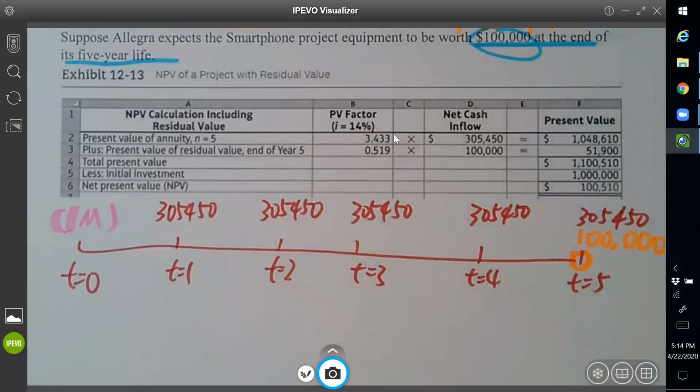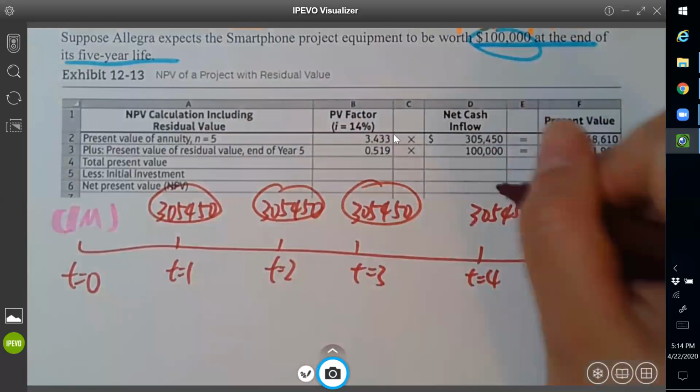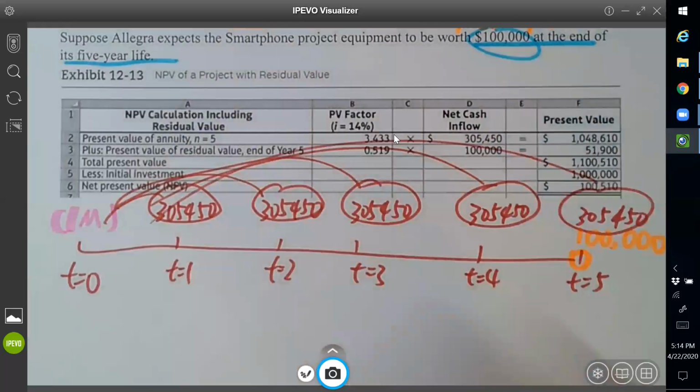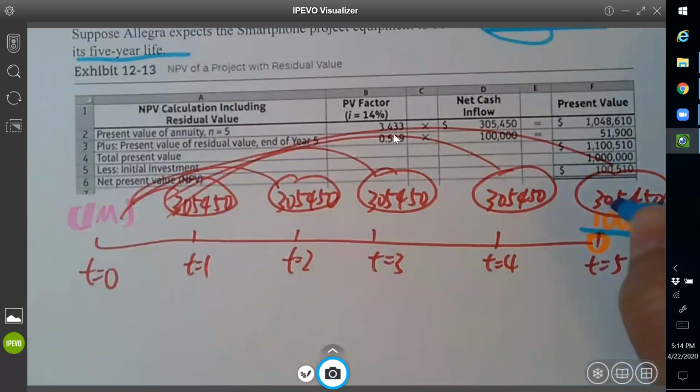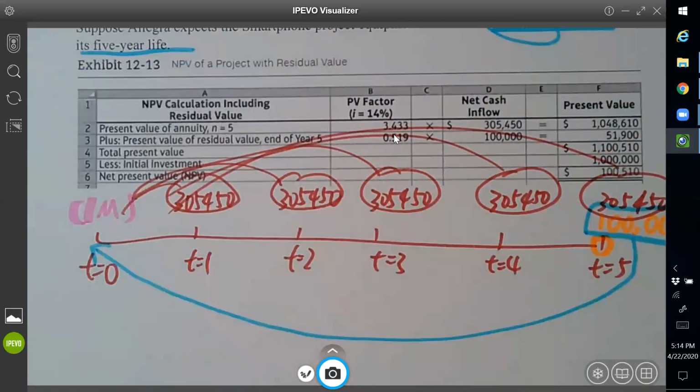The only difference is now you have two sets of cash flows. The first set is still this annuity, 305,450. Remember, with no residual, that's all there is. With the residual, you have an extra 100,000 cash inflow, so you discount this extra cash inflow back to the present.